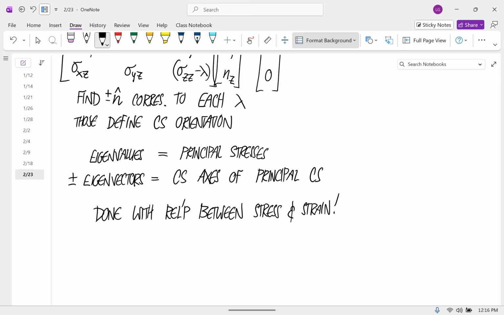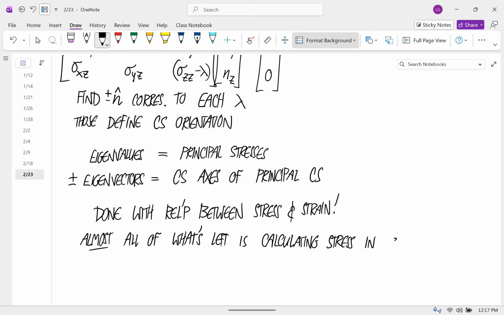So now what we're going to do, almost all of what's left, which is a lot of this class, is calculating the stress in specific loading situations.